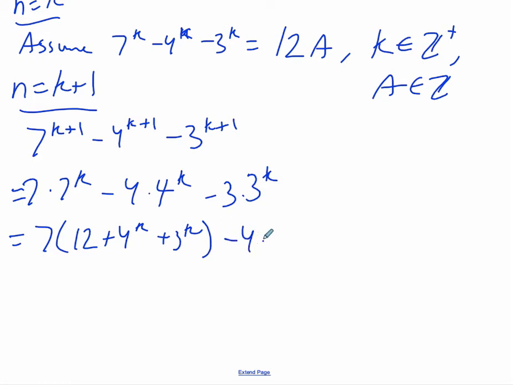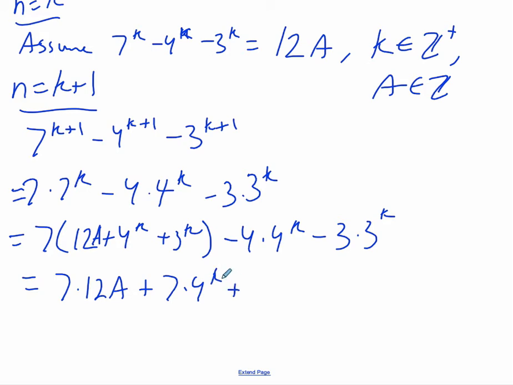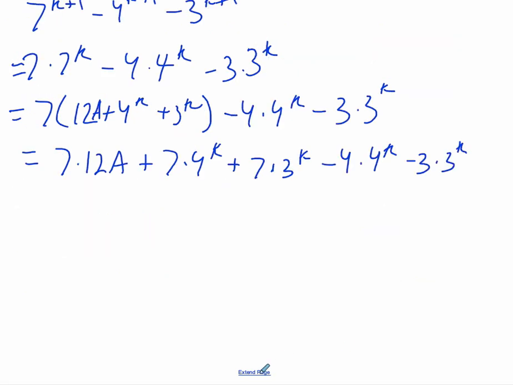This is 7 times 12a plus 7 times 4 to the k plus 7 times 3 to the k minus 4 times 4 to the k and so forth.